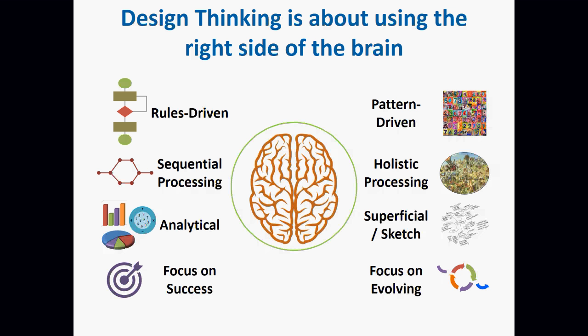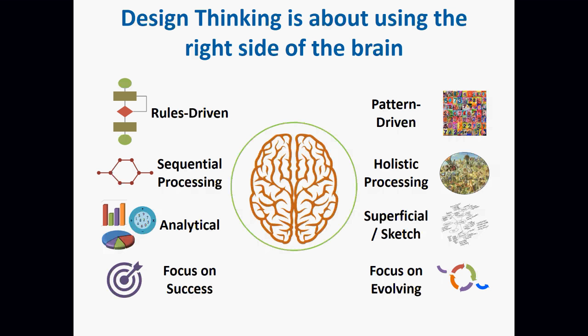What are the different tasks? What is the needs? And then before we dwell into the details. So design thinking is more about holistic processing. The right side of the brain is more about holistic processing. The left side of the brain is very analytical in nature, detailed oriented and numerical. Right side of the brain is extremely superficial and sketchy. It doesn't get into the details.